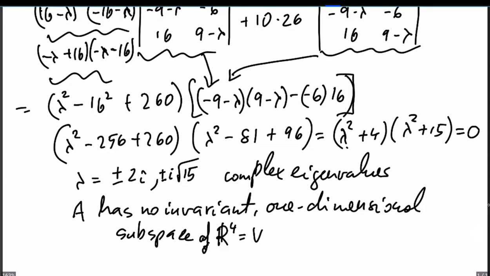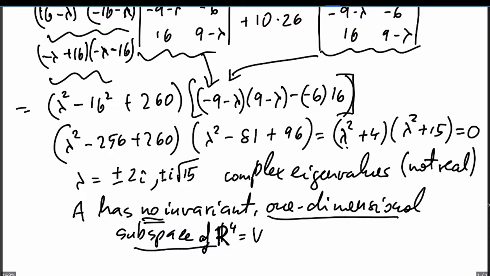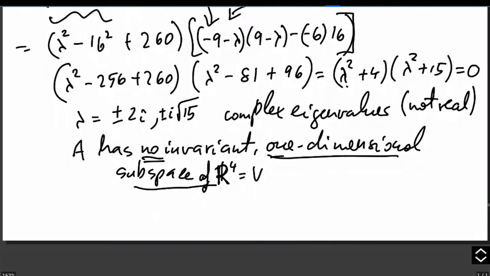So the idea is that if the eigenvalues are not real, then we don't have one-dimensional invariant subspaces in the corresponding vector space over the real field. It turns out that although we don't have a one-dimensional subspace, we have two-dimensional ones in this case that are invariant.